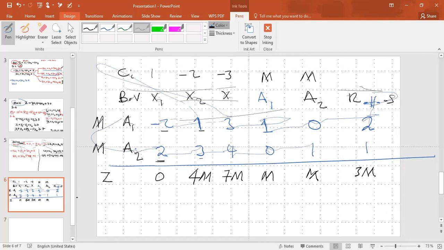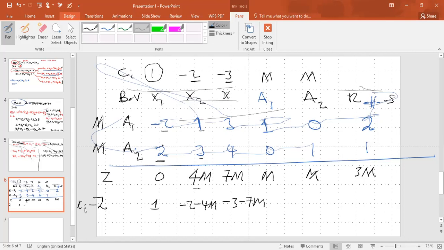Now this is your new z, the z that you begin with. Then you write c minus z. So at the top you write 1 minus 0, which is 1. Then minus 2 minus 4M. Here minus 3 minus 7M.